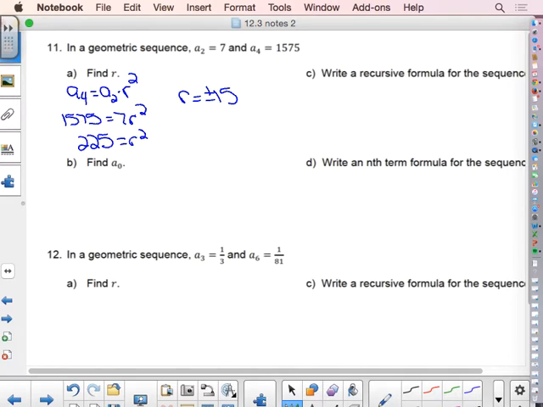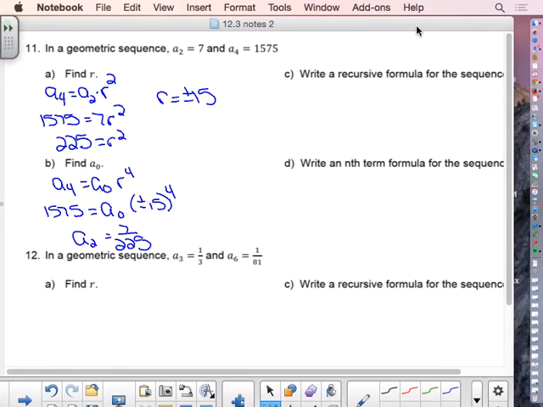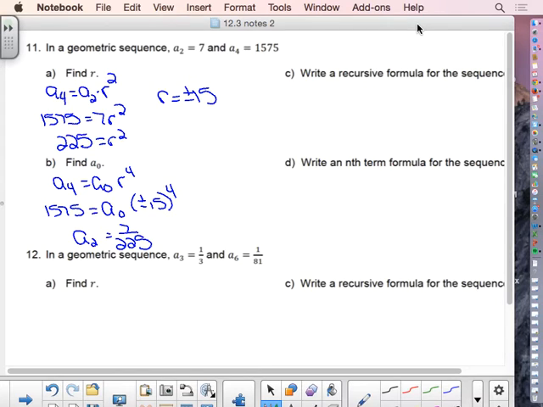Then you're asked to find a sub 0. We know that a sub 4 is equal to a sub 0 times r to the fourth. So 1575 is equal to a sub 0 times plus or minus 15 to the fourth. When I solve that, a sub 0 is equal to 7 over 225. 11C asks us to write a recursive formula for the sequence.